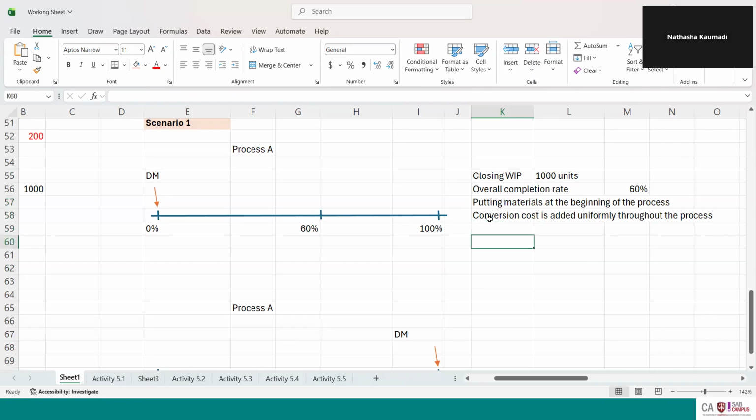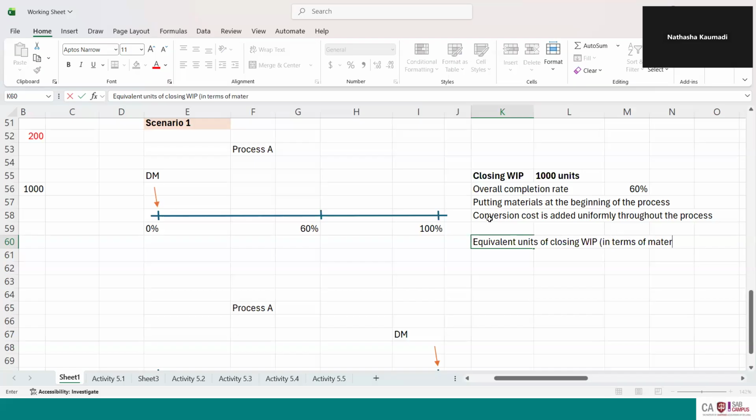Because of that, you need to calculate equivalent units. Now, how many physical units are there? 1,000 units. Your closing WIP is 1,000 units. So you have to calculate equivalent units of closing WIP in terms of materials.